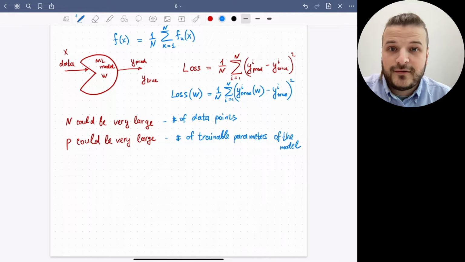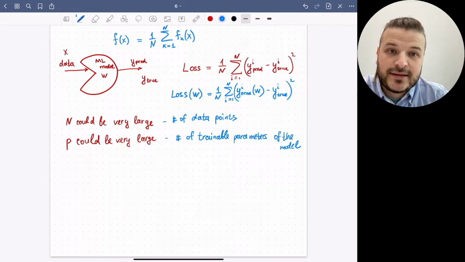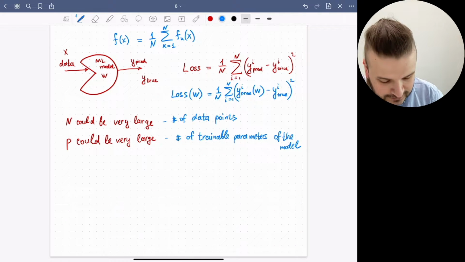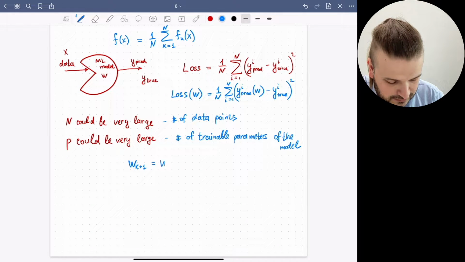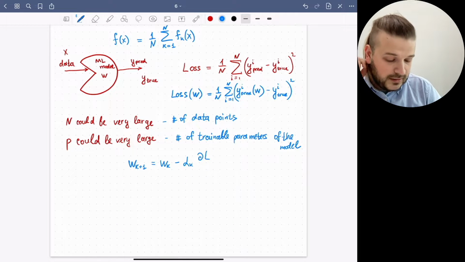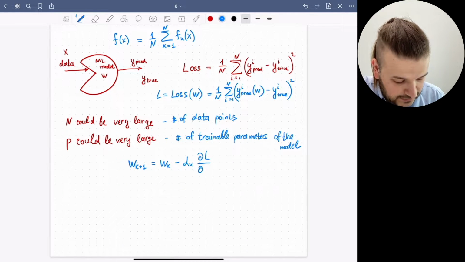It means that if you want to optimize your model using gradient-type algorithms like gradient descent, you will have something like this. Let me write down dL by dW at the point W_k, where L is this function.